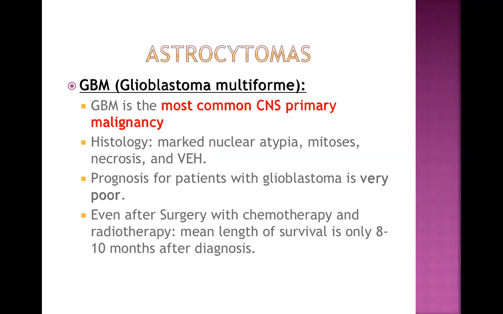Histology: there is marked nuclear atypia, presence of mitosis, necrosis, and vascular endothelial hyperplasia. All 4 features are very commonly seen. Atypia means the cells don't match each other. Prognosis is very, very poor. Even after surgery with chemotherapy and radiotherapy, the mean length of survival is only 8 to 10 months after the diagnosis. Only 8 to 10 months.